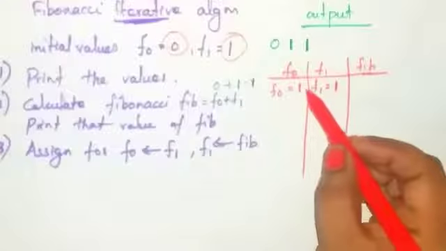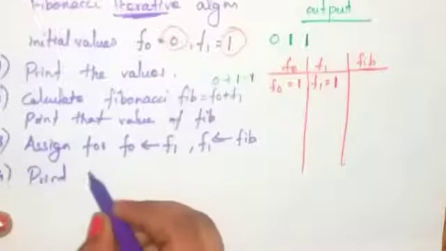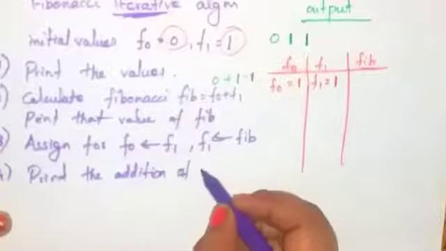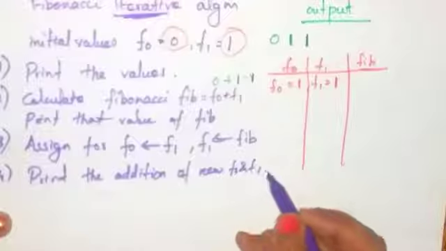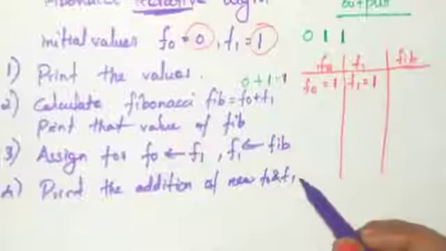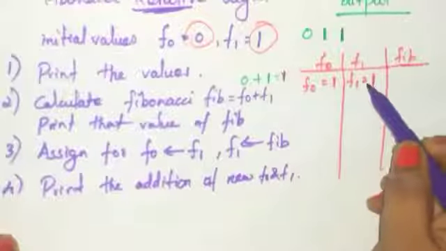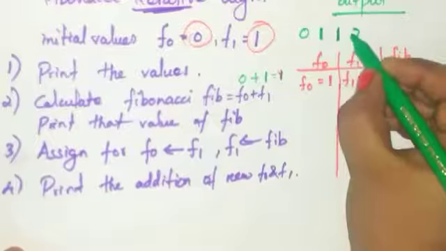So now the value of F0 is 1 and the value of F1 is 1. Next print the addition of new F0 and F1, this one and this one. So add these two values: 1 plus 1, 2.